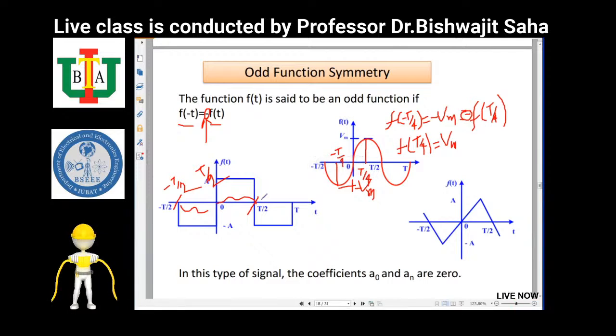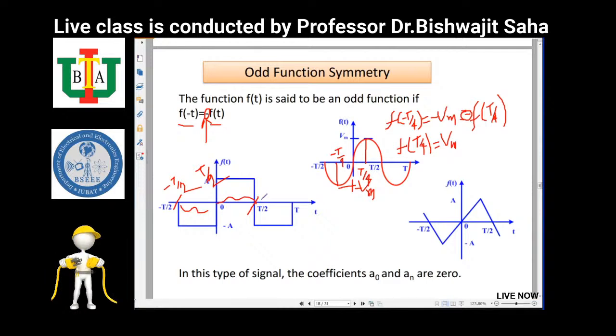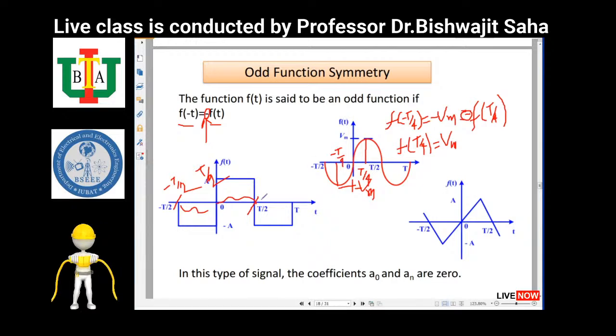That is the condition. You will see some steps of what you need to do. If you read those steps, it will be easy for you to solve any kind of signal by Fourier series.